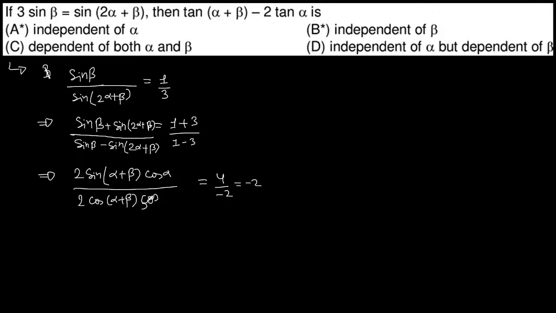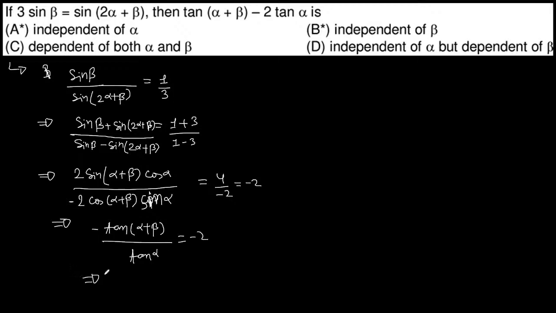It is sine, so it will be cos at plus and sine at minus. It will become minus, yes. So it is nothing but minus tan alpha plus beta upon tan alpha is minus 2.